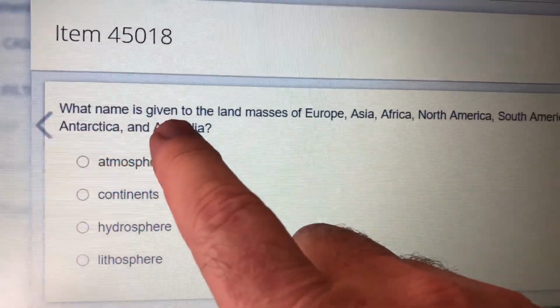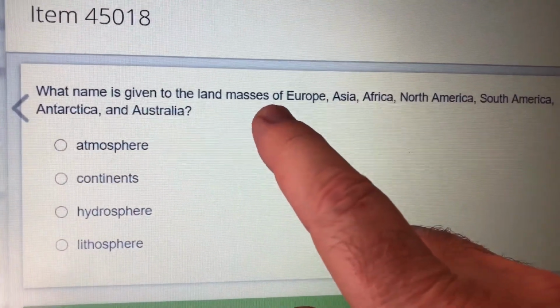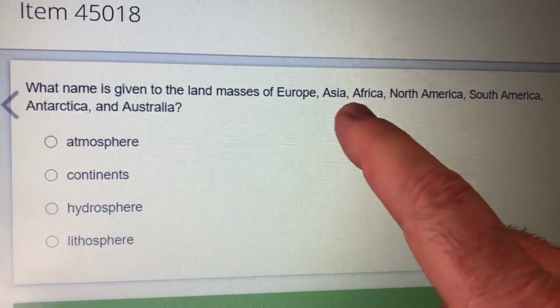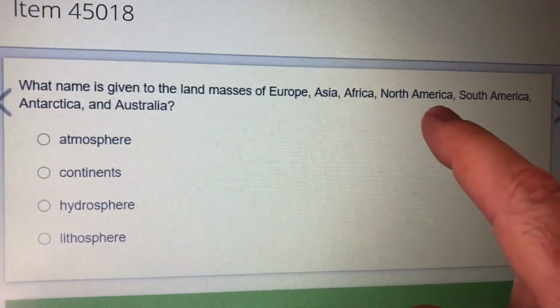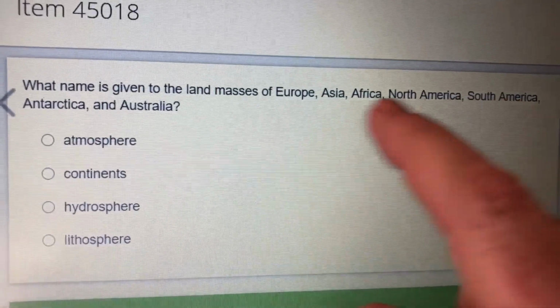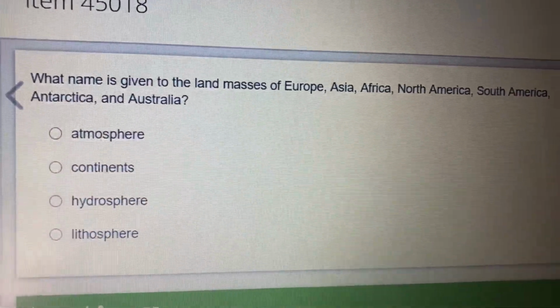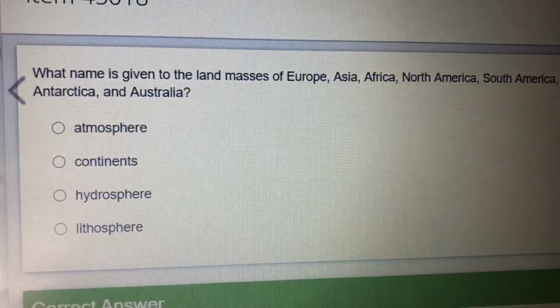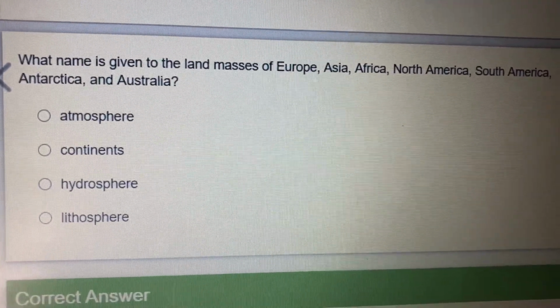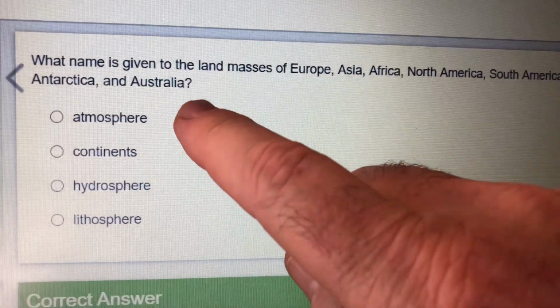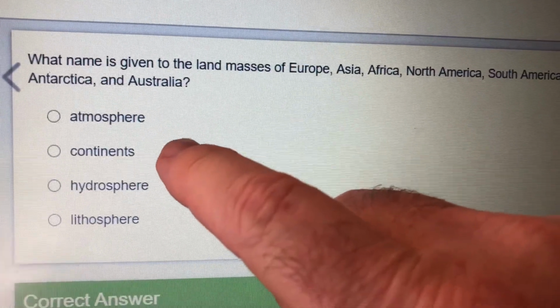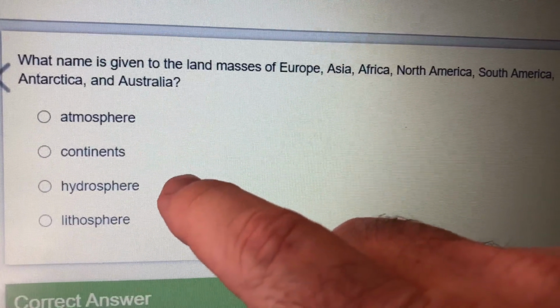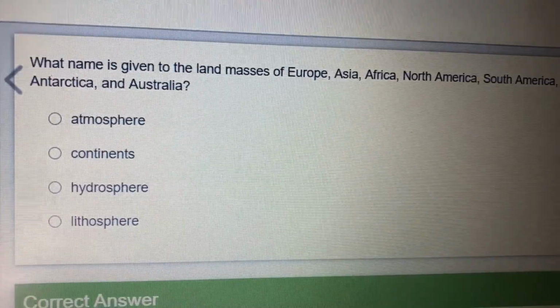What name is given to the land masses of Europe, Asia, Africa, North America, South America, Antarctica, and Australia? So what is the name of those land masses? Is it atmosphere, continents, hydrosphere, or lithosphere?